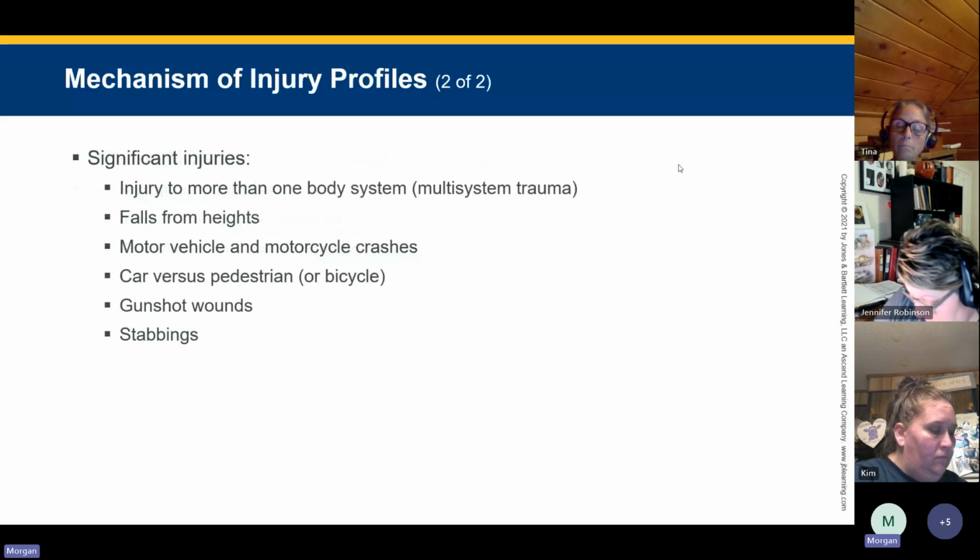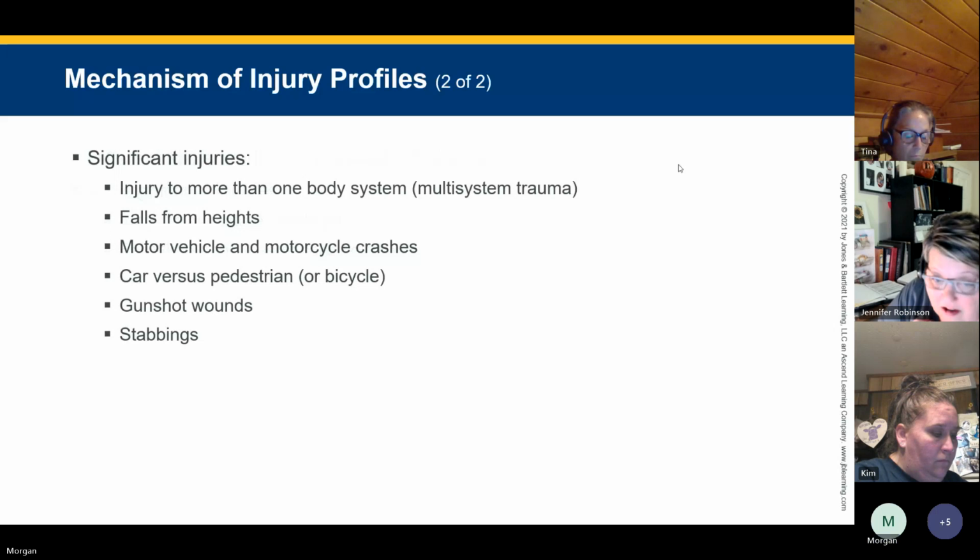Significant injuries are injuries involving more than one body system, and falls from height. The criteria for automatic dispatch for Dart was like 20 feet. That was in Colebrook. We don't automatically dispatch Dart or Med Flight up here.